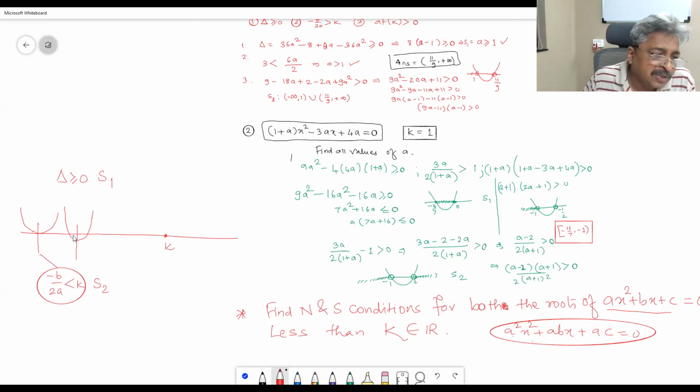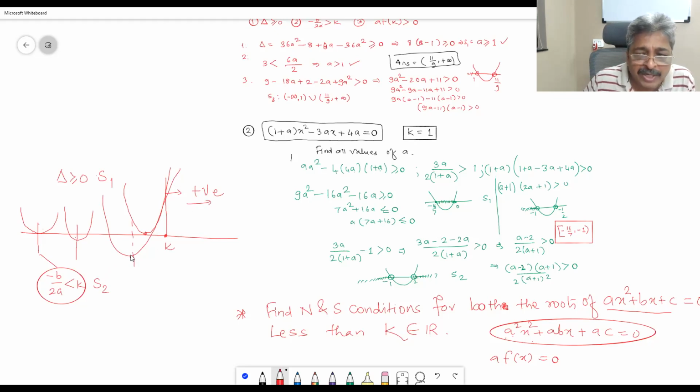And now we have to decide about S2. So if we want these two graphs, and these graphs are of f of x equal to 0, then this parabola, or maybe let me draw it. If it is like this, touching the x-axis, then what is f of k for this? It is positive. If it is intersecting and going like this, again it is positive.